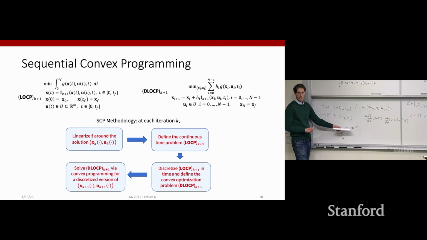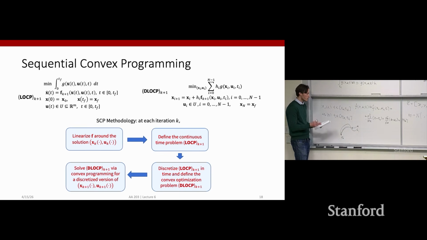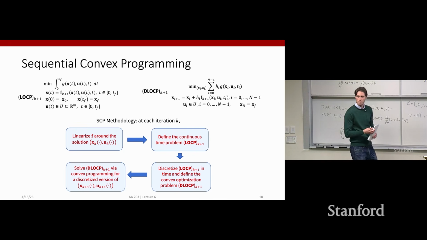And we use these linear dynamics to define a linear optimal control problem, which would lead us to maybe an updated guess, say x1 in this case, which is like a minor tweak around our original solution, hopefully in the right direction. And we keep iterating this and refining our solution until we are satisfied with it.